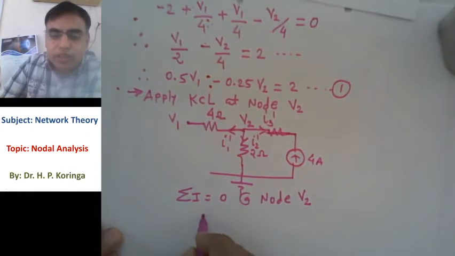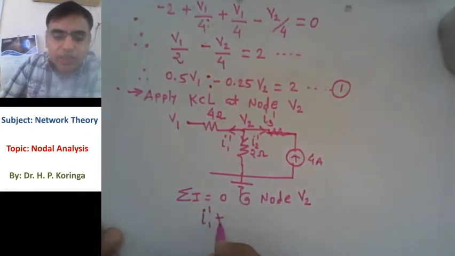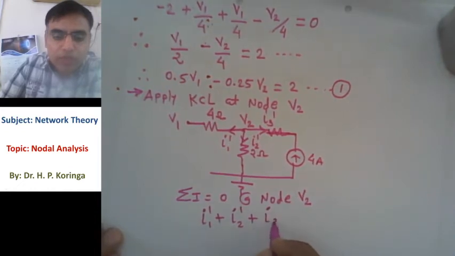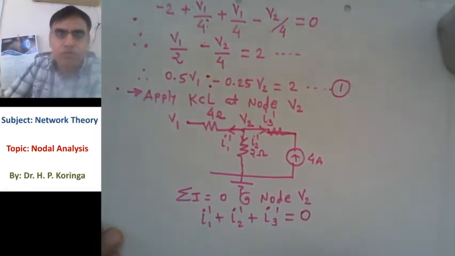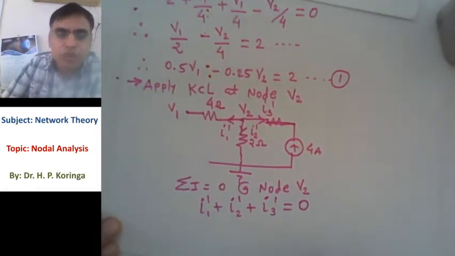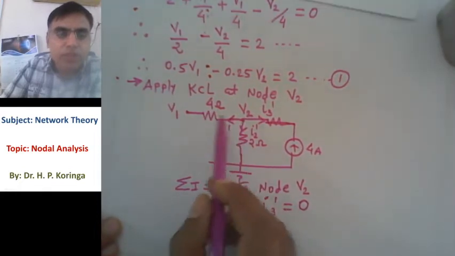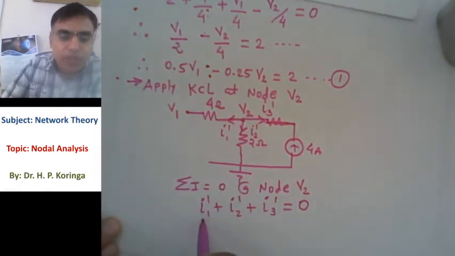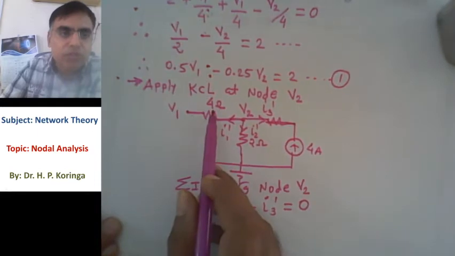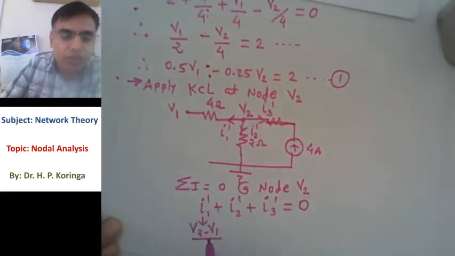There are three currents, and we have taken all three in the outgoing direction. So I1 dash plus I2 dash plus I3 dash is equal to 0, right? So how to write I1 dash? We have assumed the current direction is from V2 to V1. So I1 dash is V2 minus V1, the potential difference between V2 and V1, divided by 4.